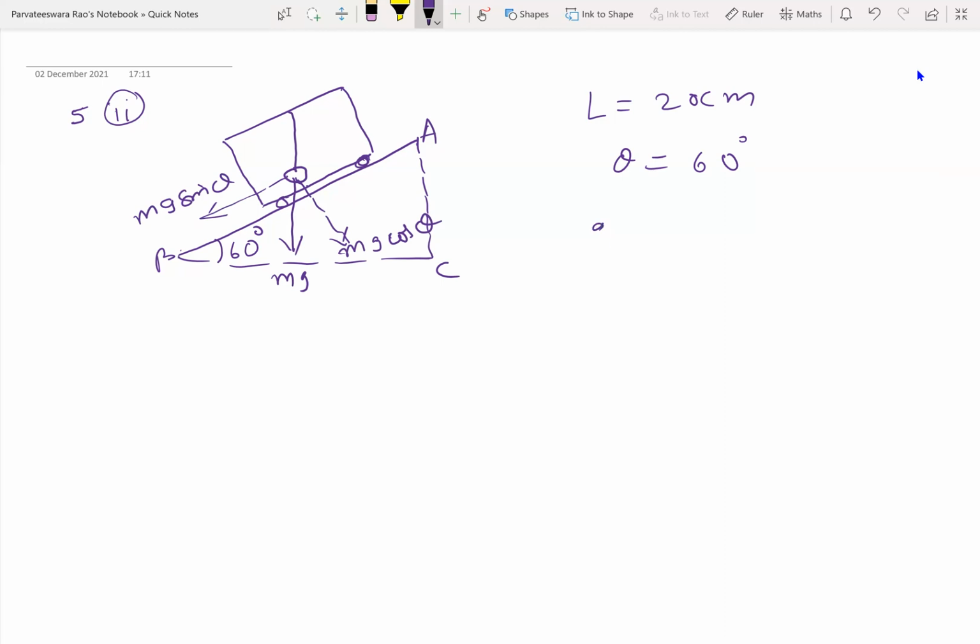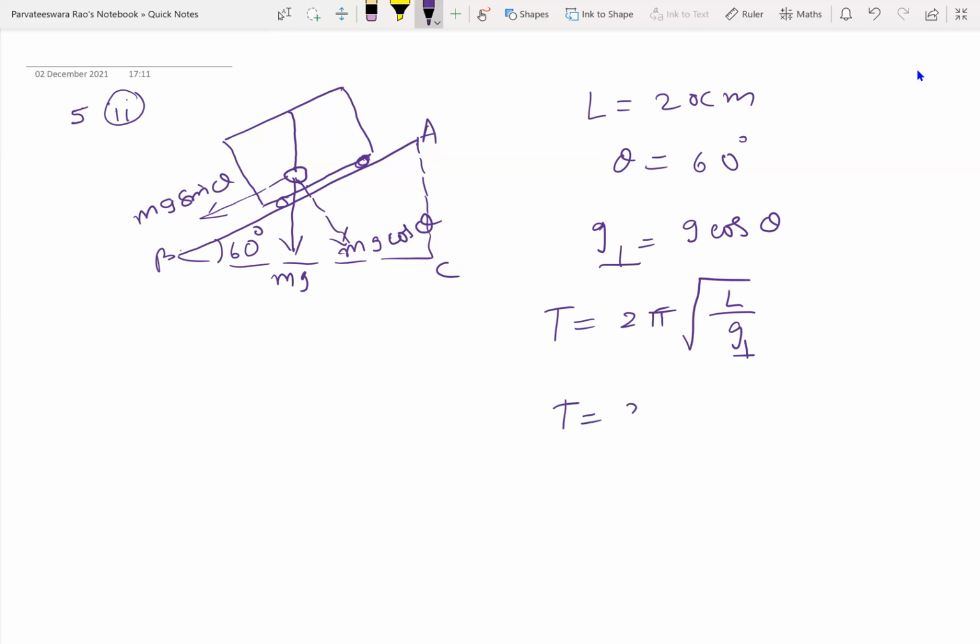So the normal component of g is how much? The component of g normal to the plane is g cos theta, correct? So the formula for time period will become 2 pi root of L by the normal component of g to the plane.